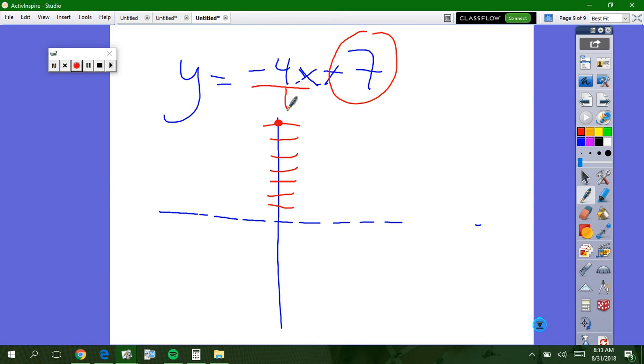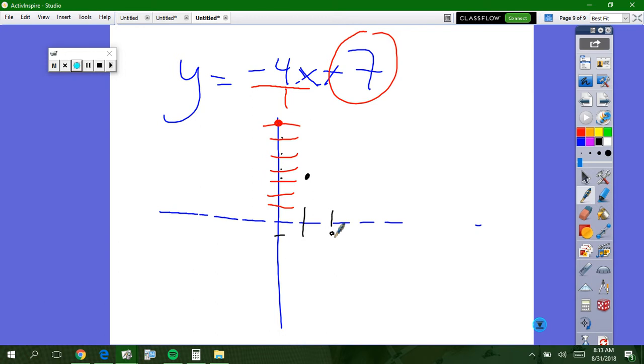A 1. It's still important to write that. Once again, then we can have our rise over run, correct? So I'm going to start right here at 7. I'm going to go down 4. 1, 2, 3, 4 over 1.